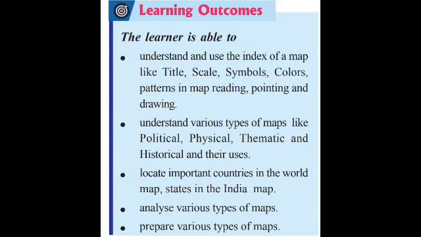Understand various types of maps like political, physical, thematic and historical and their uses. Locate important countries in the world map, states in the India map. Analyze various types of maps and prepare various types of maps.